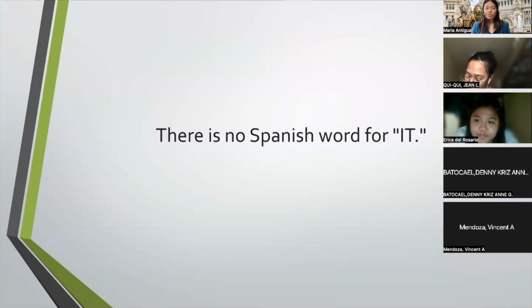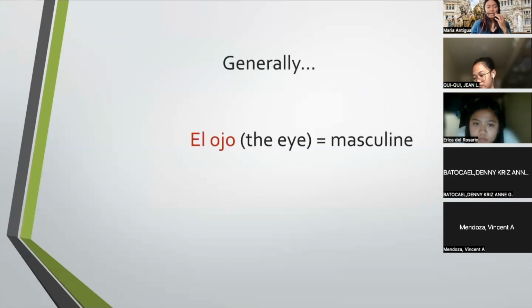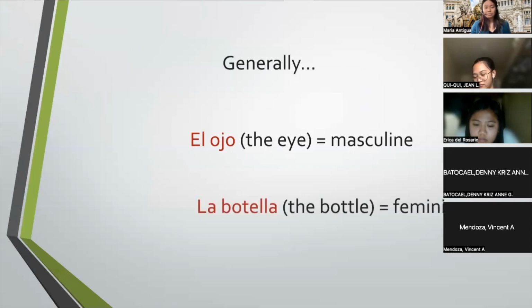Not almost, right? All nouns in Spanish have gender. So there's no word for it. It's either he or she lang yan. Example, el ojo, the eye, la botella, diba?